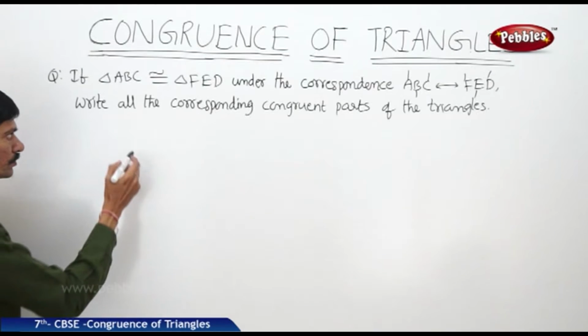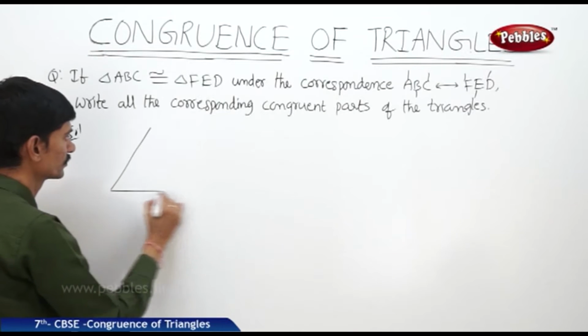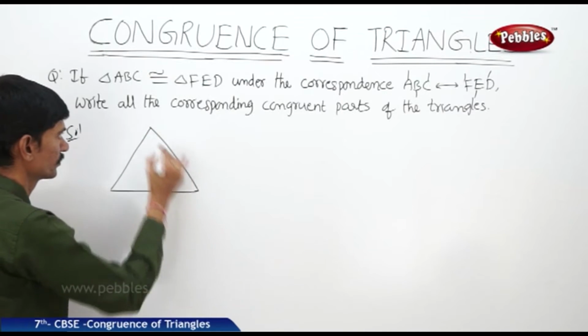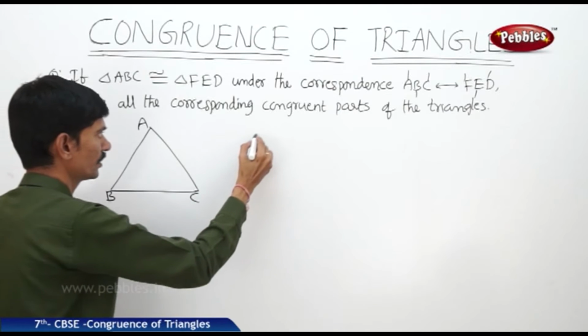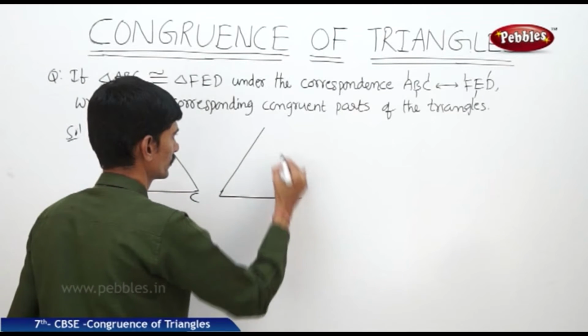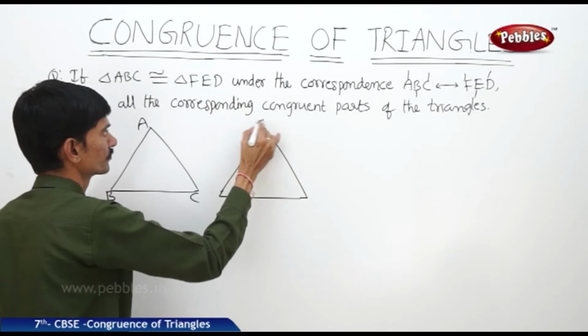Now let us draw the two congruent triangles. The first triangle is ABC and the second triangle is FED.